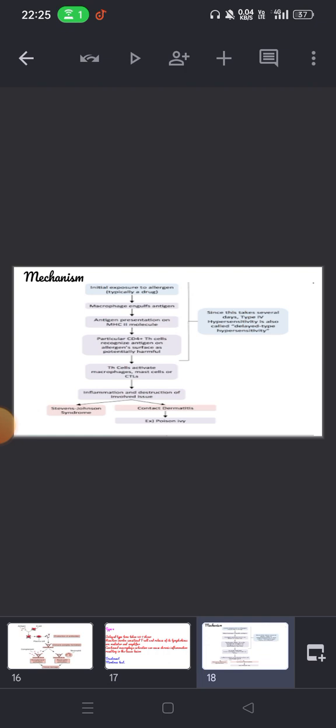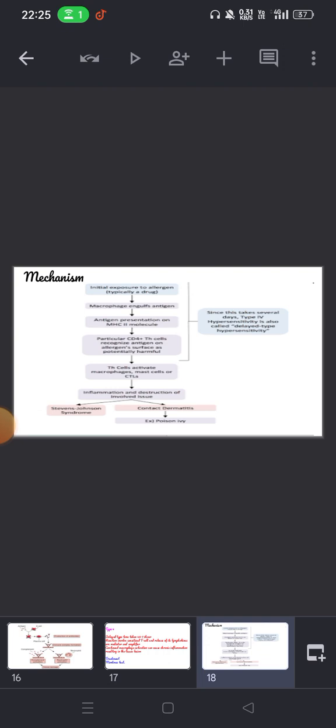Type 4 mechanism. Firstly, initial exposure to the allergen, typically a drug, then macrophage engulfs the antigen. Engulfs means takes in. Then antigen presentation on MHC class 2 molecules, particularly CD4.